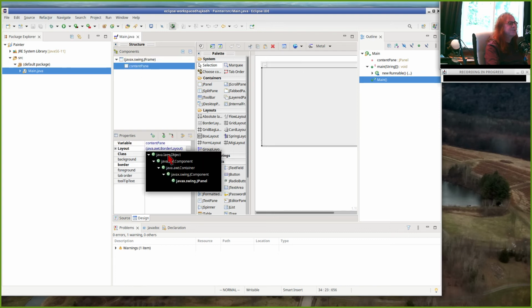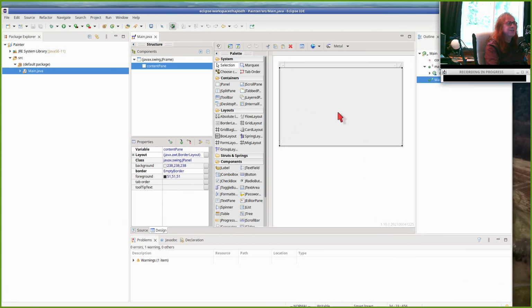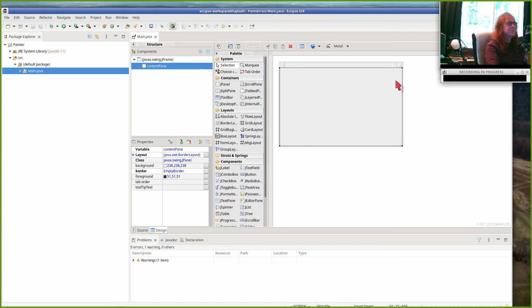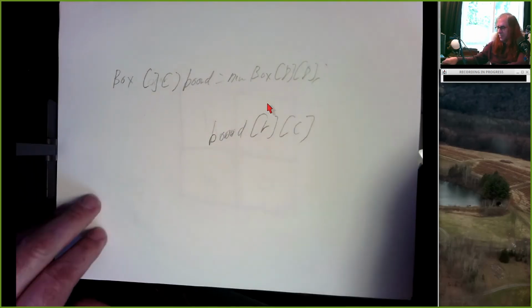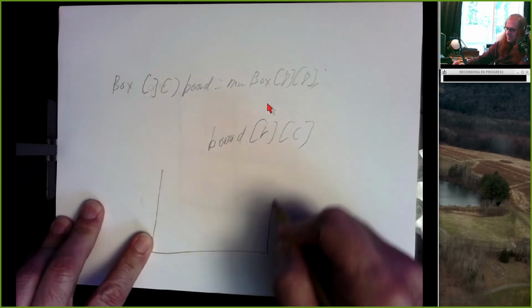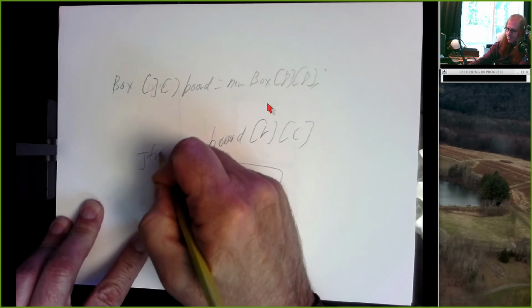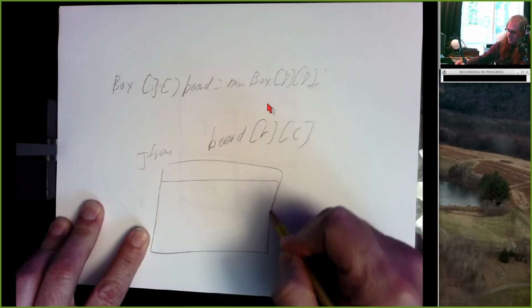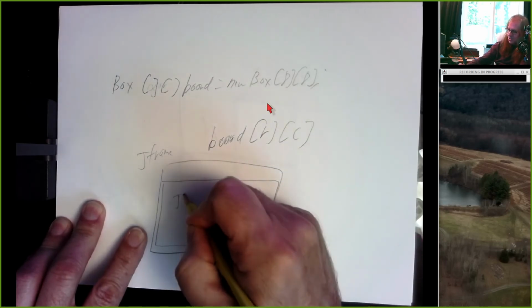Content Pane is what's called a JPanel, and this JPanel is this section in the middle here. So the JFrame is the whole shebang. The JPanel is just this lower part below the title bar. And so our basic setup is we've got a JFrame, and we've got this thing inside, which is a JPanel.